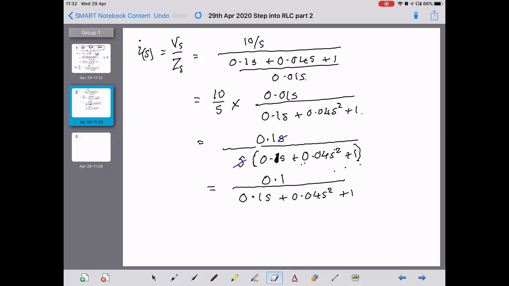Now what we want is we're going to divide by 0.04 to get S squared on its own. So if you divide 0.1 by 0.04, you get 2.5.